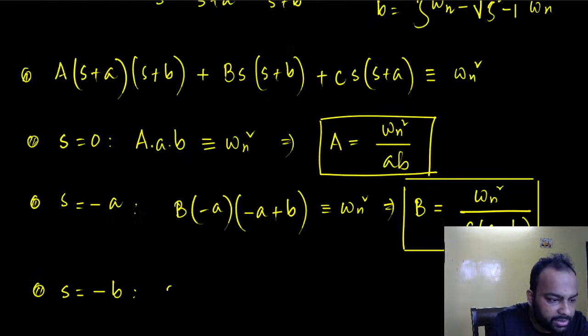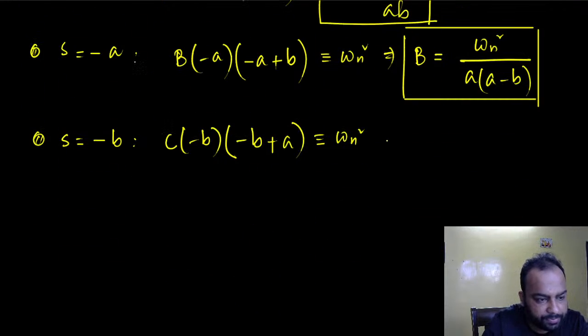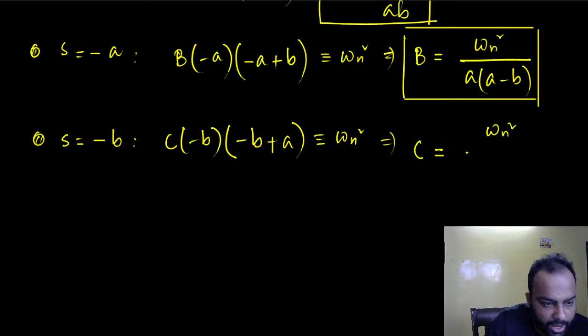I would have C times minus B times minus B plus A, and that would be equivalent to omega n square, which gives C equal to omega n squared divided by B times B minus A.